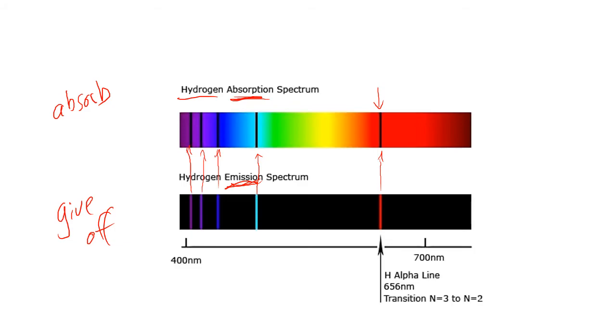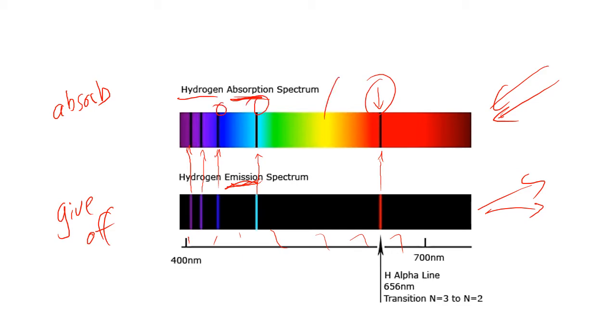Now the reason for this is that if you give the metal energy, it will give off light, and it'll only give off these certain colors. But if you shine light into the metal, the reverse will happen, and it will absorb the energy from these places only.